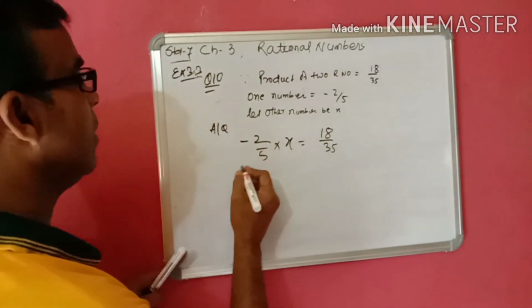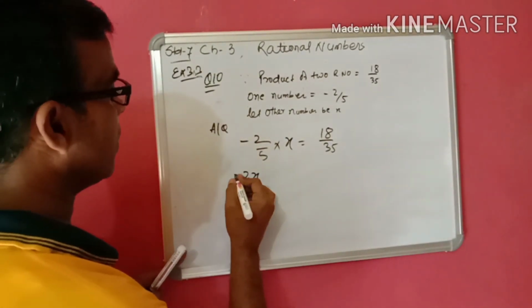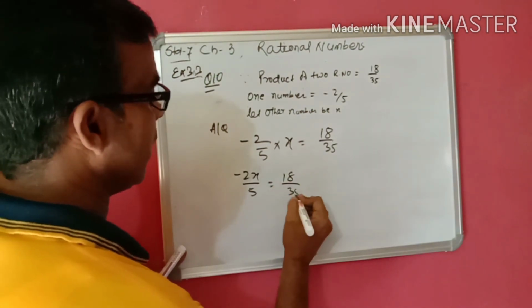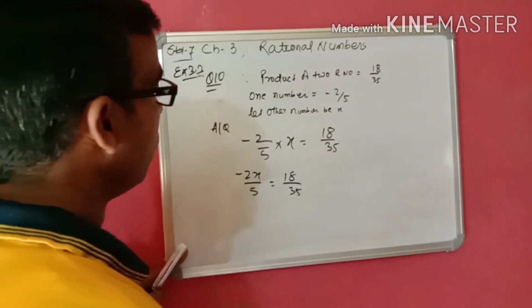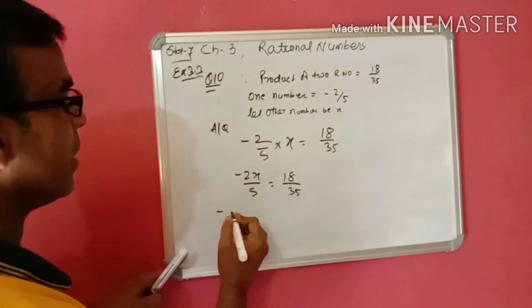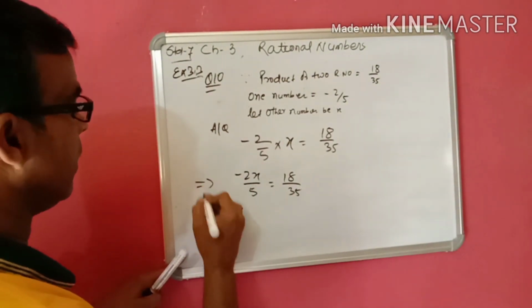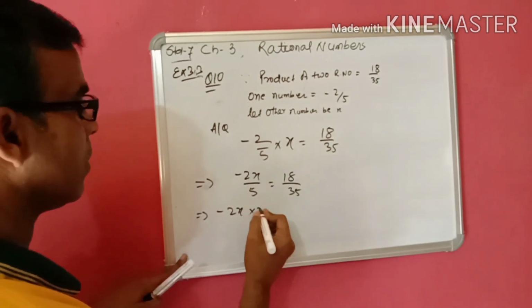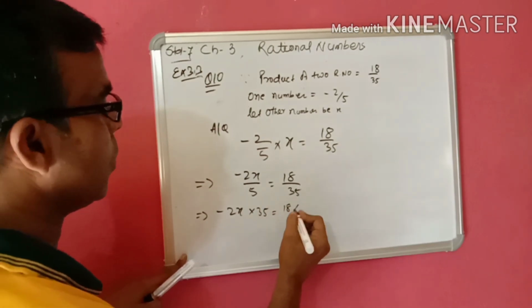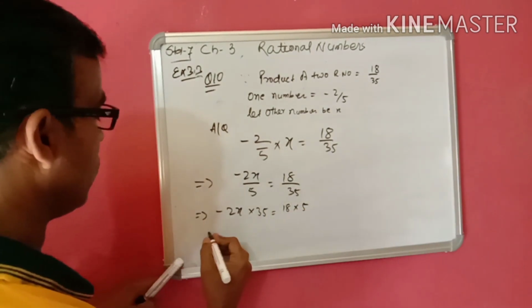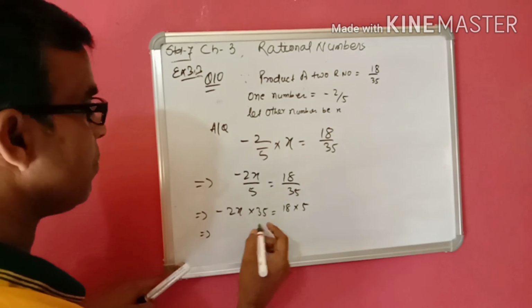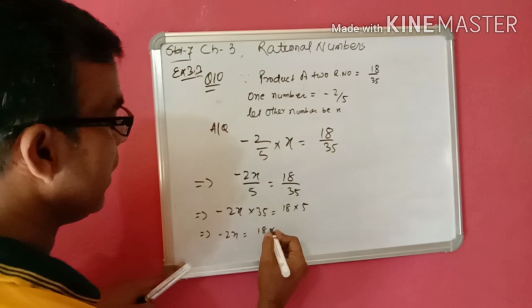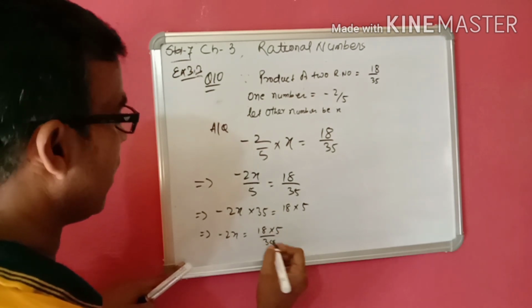Now see, minus 2x by 5 equal to 18 by 35. Now we can write minus 2x equal to, do the cross multiply, 18 into 5 by 35.